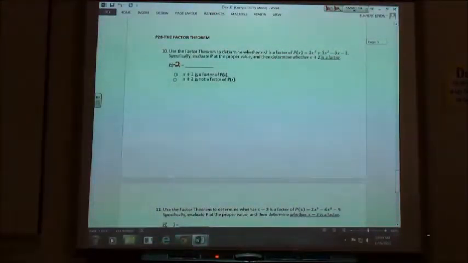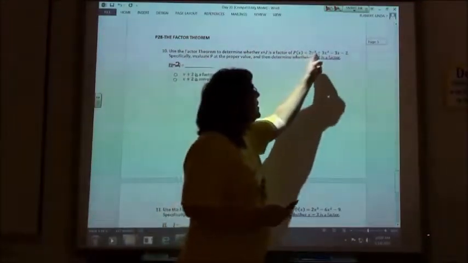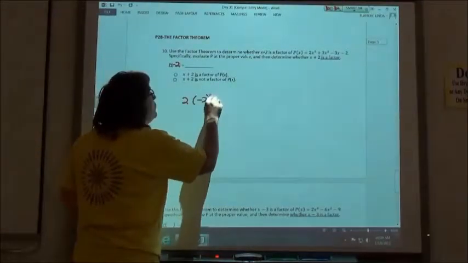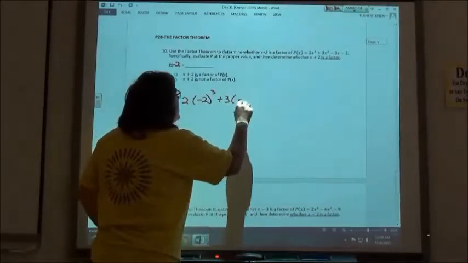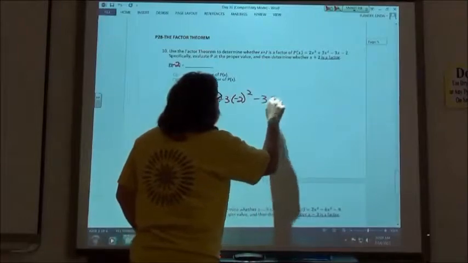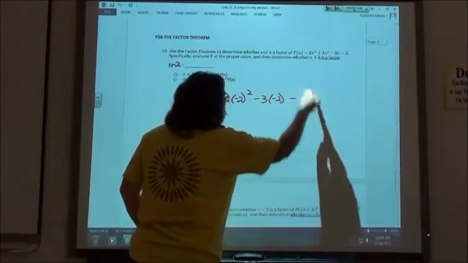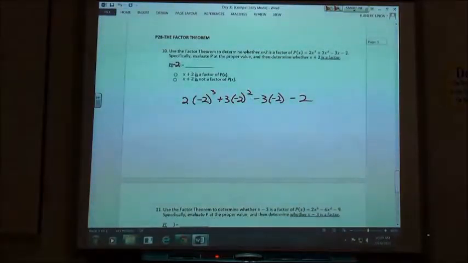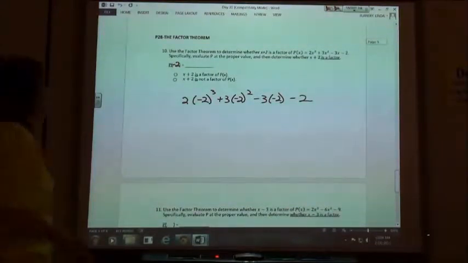Just set that equal to 0, put a negative 2 in there. Then we're going to put negative 2 into our polynomial. So 2 times negative 2 cubed plus 3 times negative 2 squared minus 3 times negative 2 minus 2. When we solve that, if we get an answer of 0, it is a factor. If we get any other number, it is not a factor. So we've got to solve that.